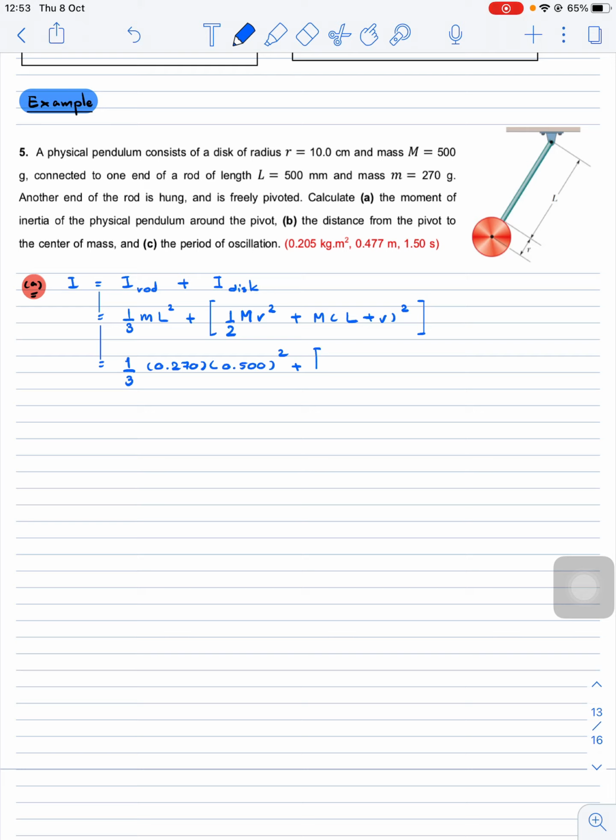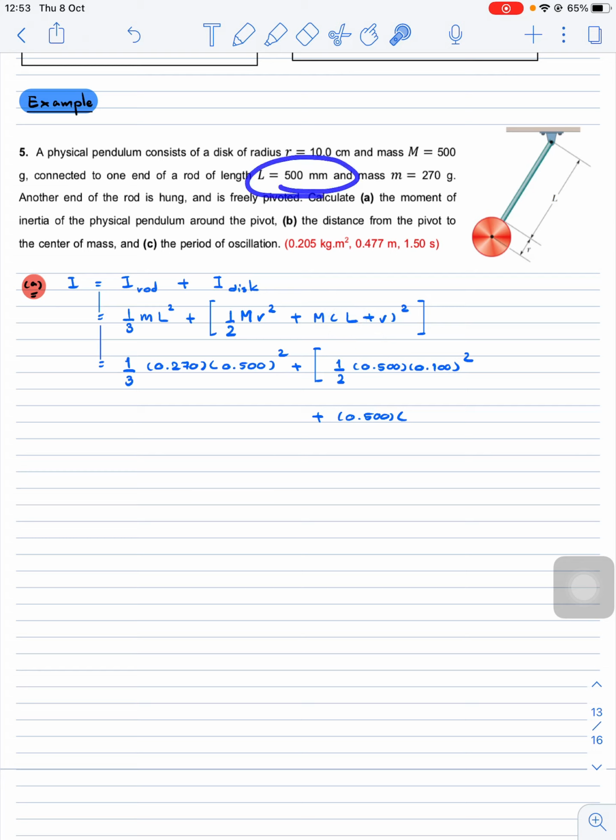and then plus 1/2, and then the mass of the disc, the 500 gram, so it's equal to 0.500, and then times small r squared. Small r is 10 centimeter, so it's just 0.100 squared, plus now capital M, 0.500, and then times L plus r.